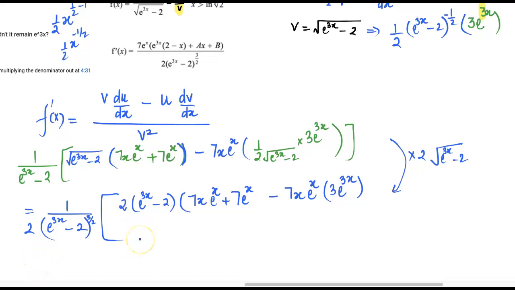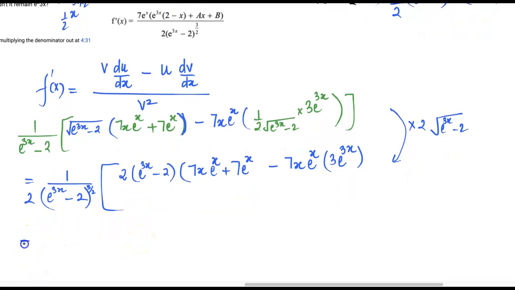Okay, now the next step we're going to be getting is 1 over 2 e to the power 3x minus 2, 3 halves, and there it is like expanding. It's a bracket closing and bracket closing. So that would give us, what shall we do?